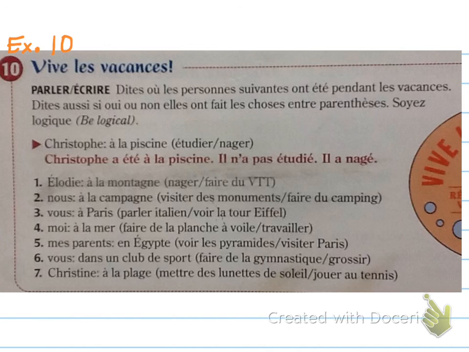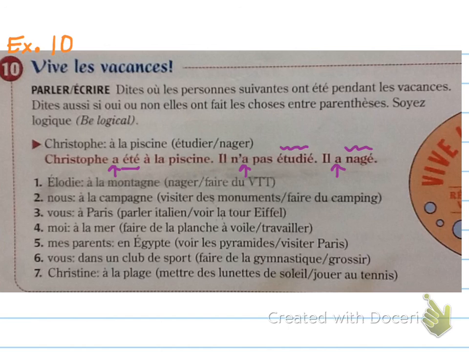Exercise 10. Again, we did this one out loud. Here you're going to write out those 3 sentences. Again, remember, you're going to use a form of avoir and then été in your first sentence every time. In your second sentence, again, you'll still have your forms of avoir, and it'll be the same form of avoir all the time, and your past participles.